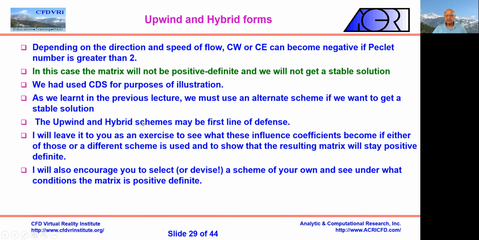So upwind and hybrid schemes may be the first line of defense. I will leave it to you as an exercise to see what these influence coefficients become if a different scheme is used, and see that the resulting matrix will stay positive. It depends on the scheme you select. I'll also encourage you to select a scheme of your own and see what happens to the matrix. Can you devise one?